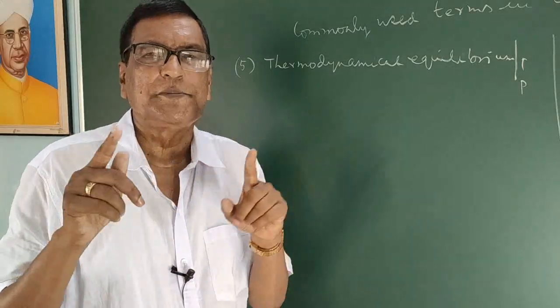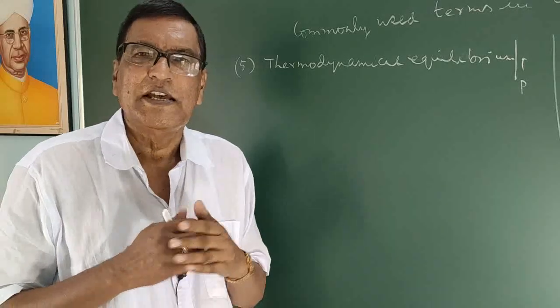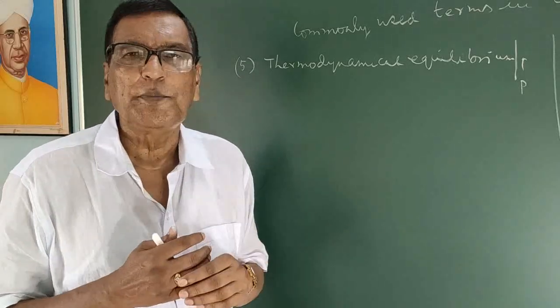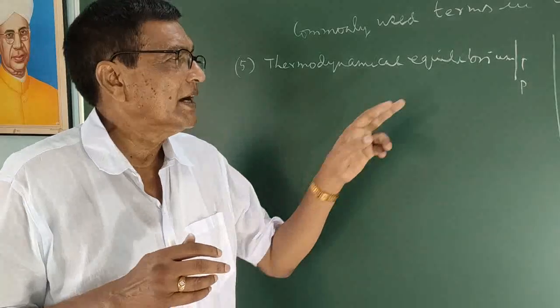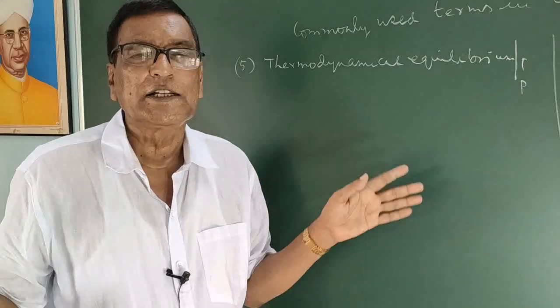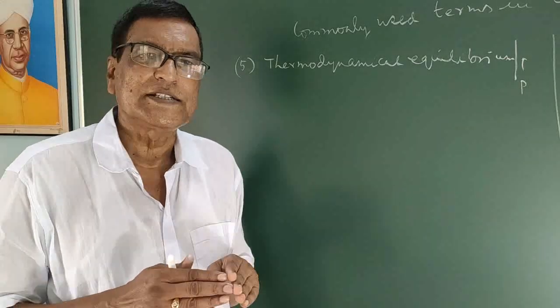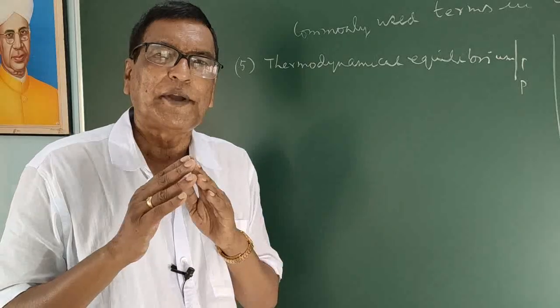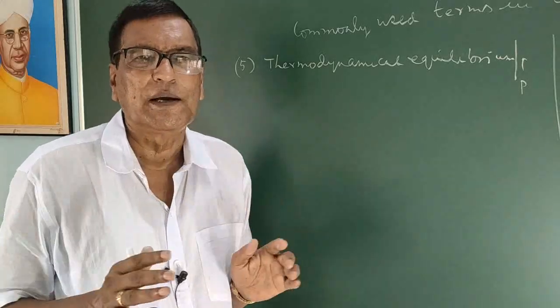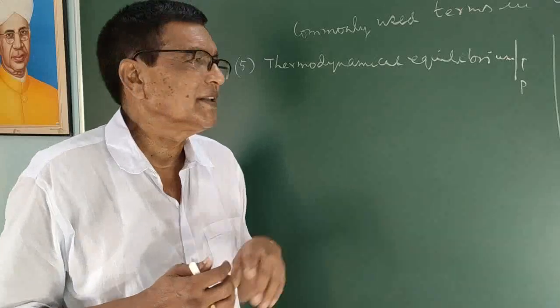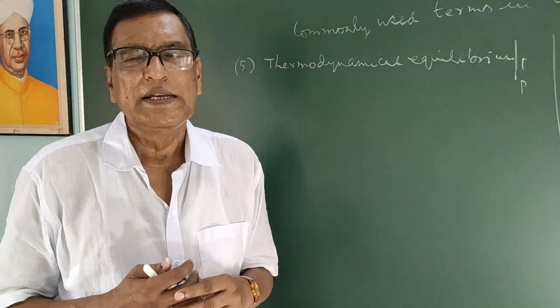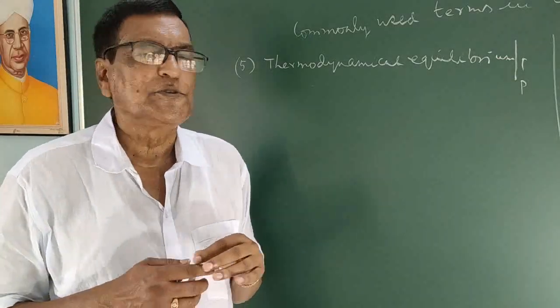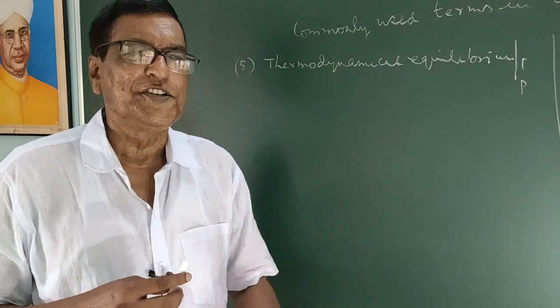Temperature fixed means thermal equilibrium is attained, pressure fixed means mechanical equilibrium is attained, and composition fixed means chemical equilibrium is attained. Whenever a system attains thermal, mechanical, and chemical equilibrium, the system is said to attain thermodynamical equilibrium.